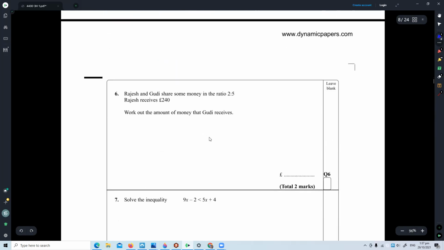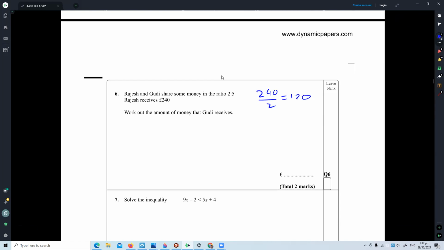So far, so good. Rajesh and Goody share some money in the ratio 2 to 5. Rajesh receives 240. So this is interesting. The first person gets 240. You could figure out what a unit is. So 240 represents the ratio 2. So 240 divided by 2 means a single unit of that ratio is 120 pounds.